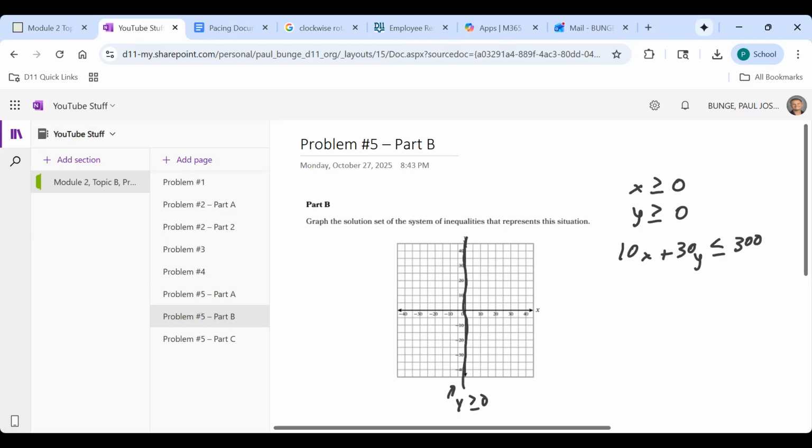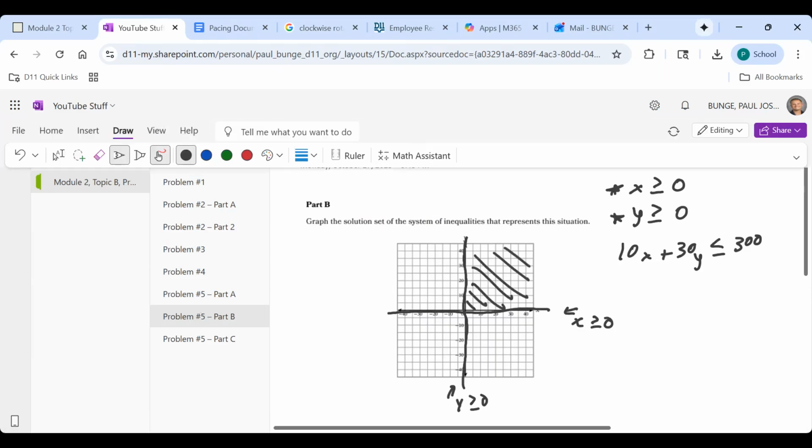But we have another constraint here, so let's add that before we do any shading. If I've got x is greater than 0, then I'm going to draw a line through my x-axis. This is x is greater than or equal to 0. Looking at greater than both of these, I know that my solution set is going to live somewhere on this side.